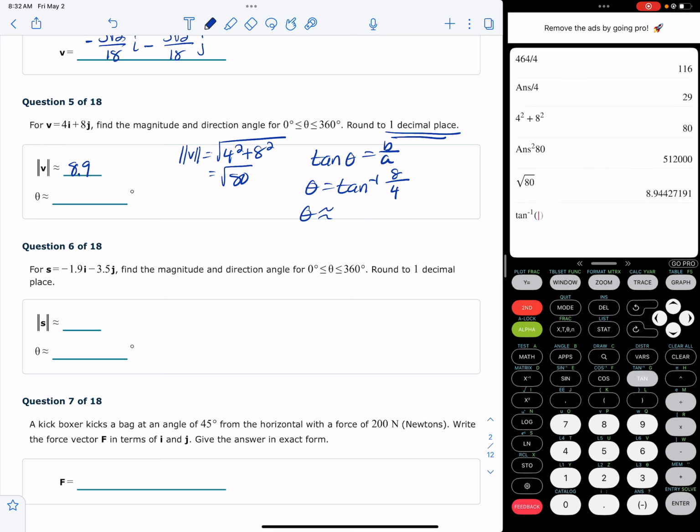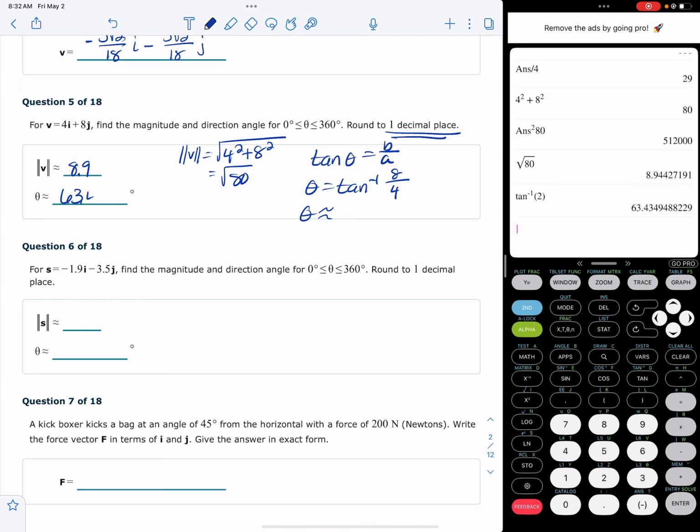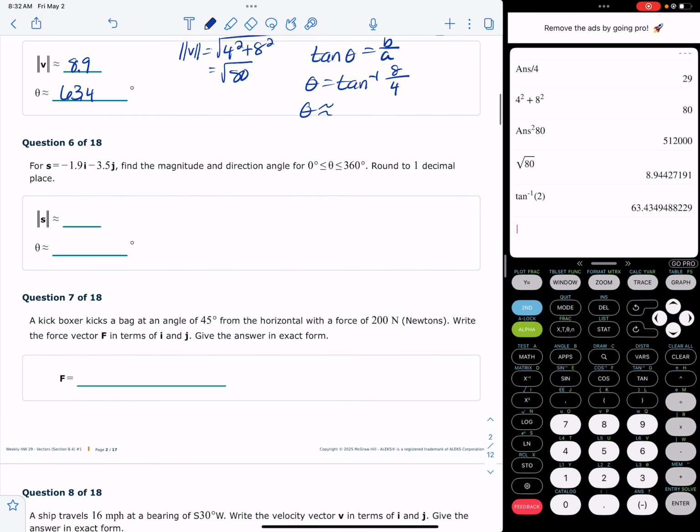And then inverse tangent of 2. So 63.4 degrees. Okay, you do the same thing here. You should get 4.0 and 241.5 degrees.